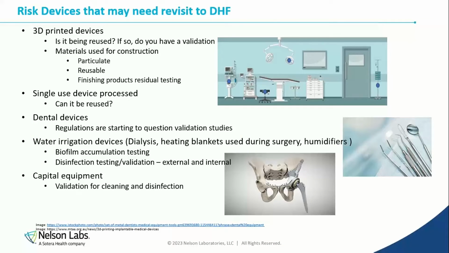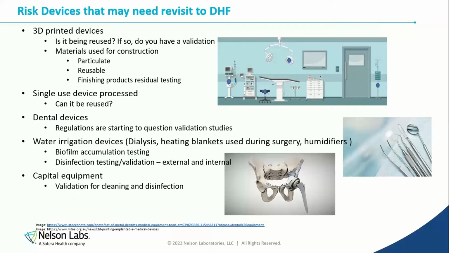Now, risk devices that you may need to revisit for the design history file: 3D printed devices, like I talked about in the beginning. Is it being reused? If it's being reused, you want to make sure it's non-porous. If it's a porous material, we have to test for detergent residuals, and it will fail, because now we have all these detergents absorbed into this material, and when it's extracted, it will extract those detergents out.